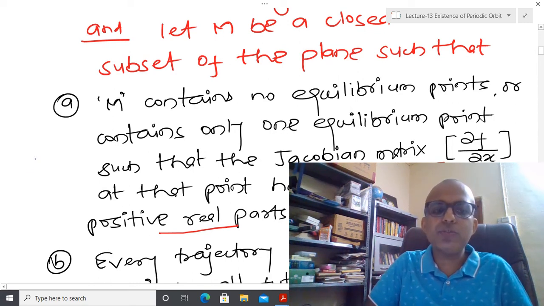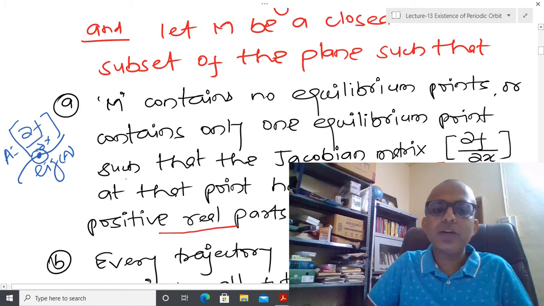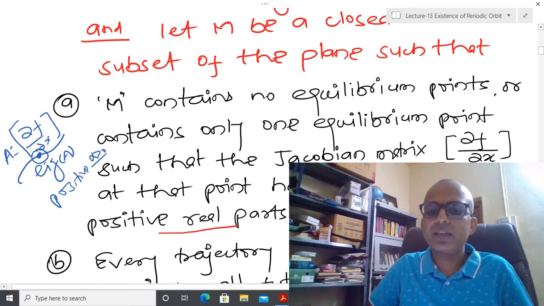Suppose you have some nonlinear system, and about this equilibrium point you calculate del f by del x, then whatever eigenvalue of this matrix A in the neighborhood has positive real part. So I have alpha as an eigenvalue that is greater than 0. Then what is the behavior of the equilibrium point? Silpi, are you here? Okay.